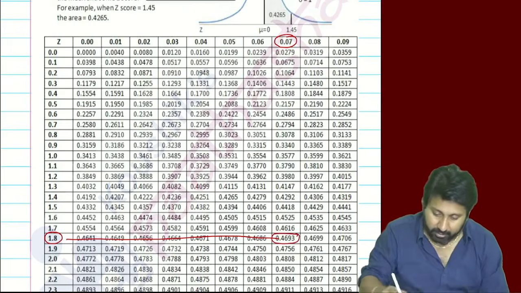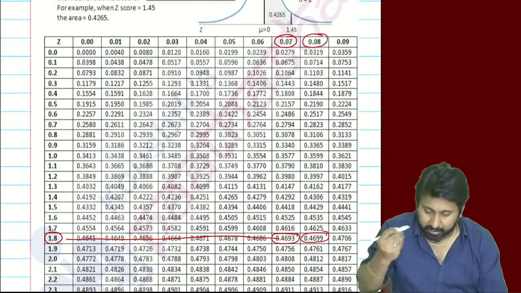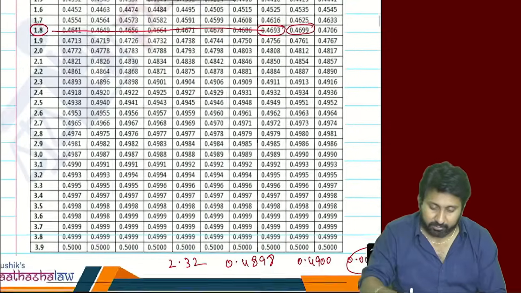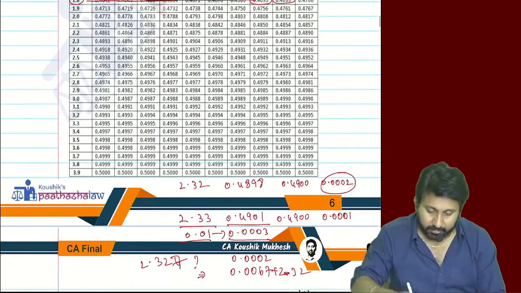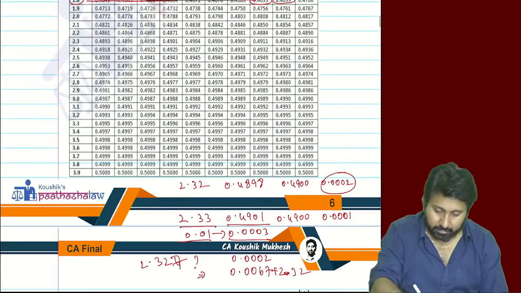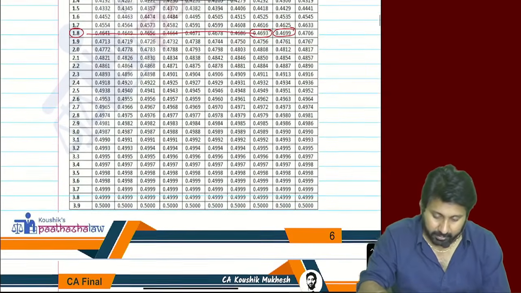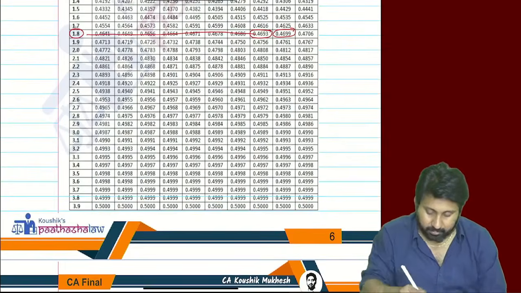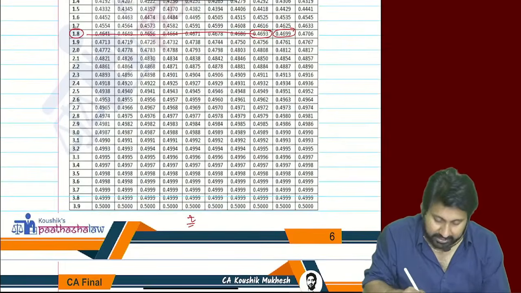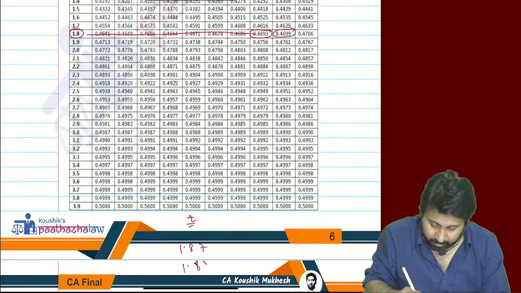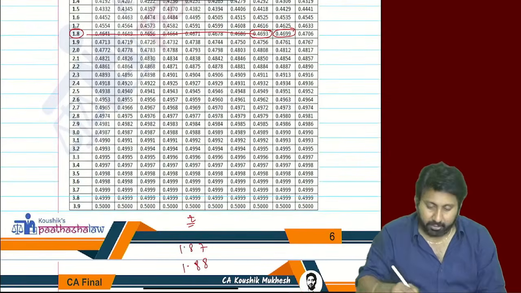This number, here itself I will solve. See, at Z value 1.87, 1.88.